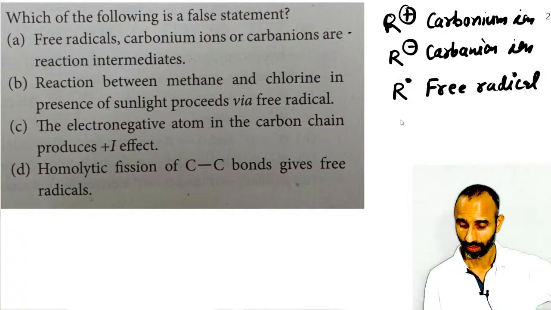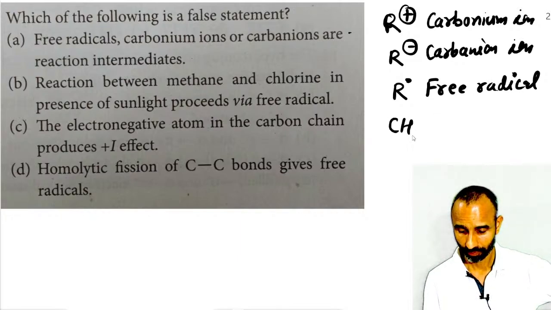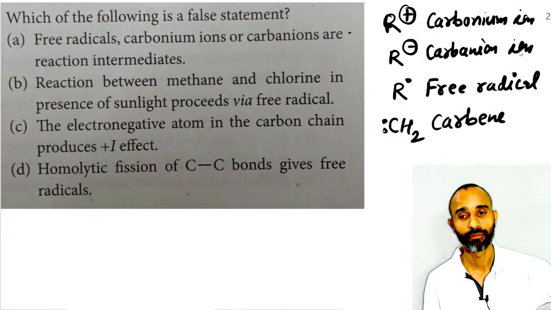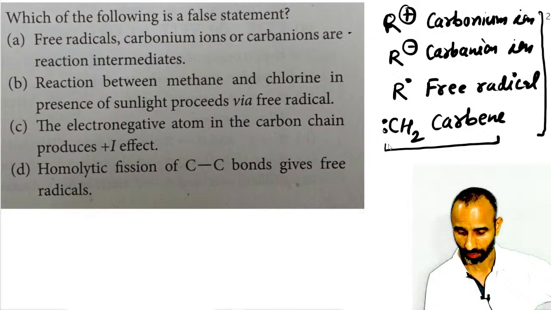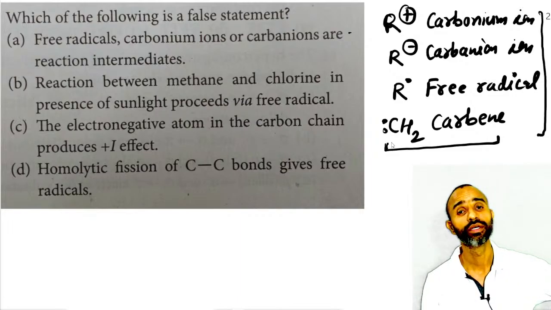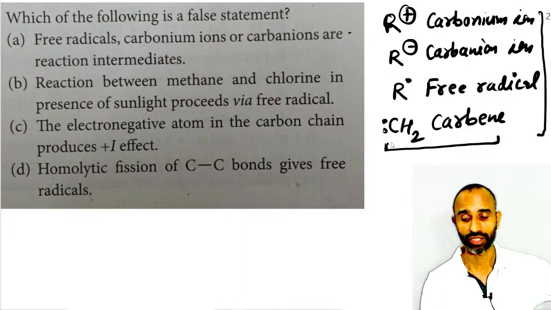Then come to carbene. It is also a reaction intermediate. Even there are more, like benzyne, enamines, but they are not in our syllabus. But I have written this carbene because it is used in the Reimer-Tiemann reaction. That's why I kept it.